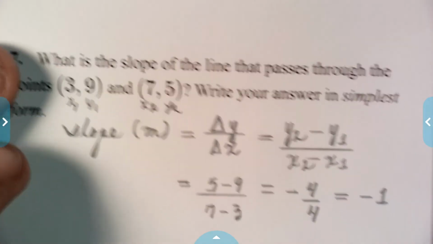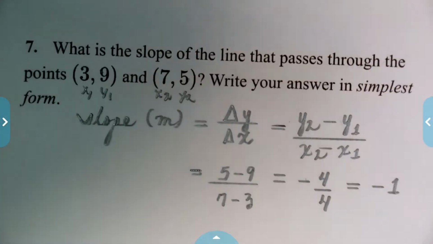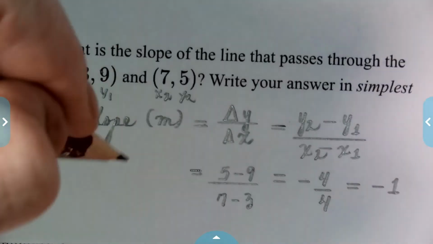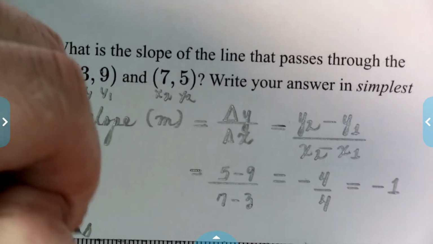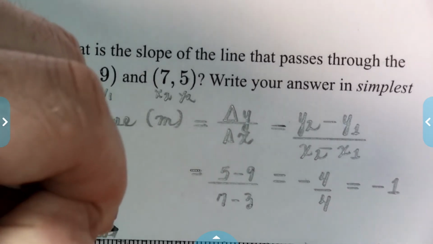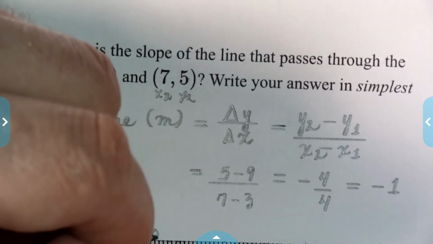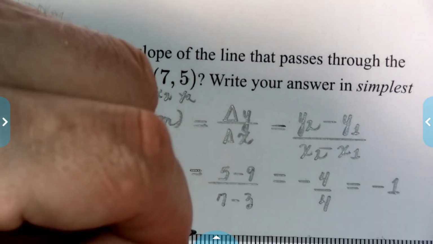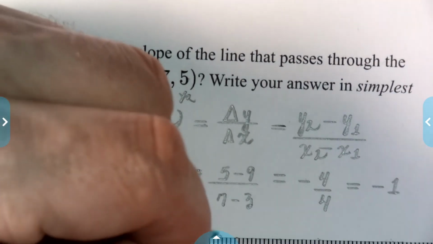And so to answer the question, we would say slope m equals negative 1.